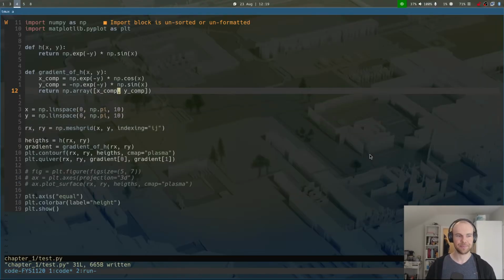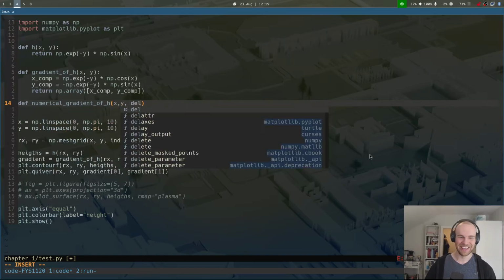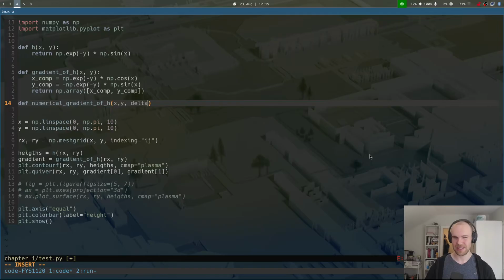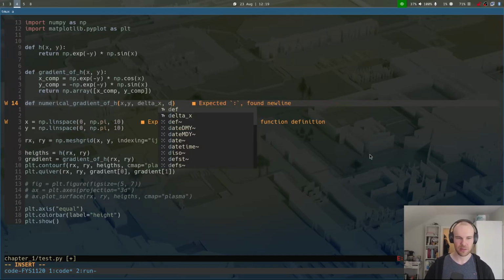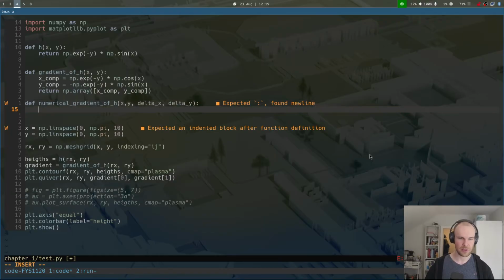Okay. def numerical gradient of h. Yeah, stupid name, but it's all right. x and y, delta. We can just use both, but they will be the same, of course.